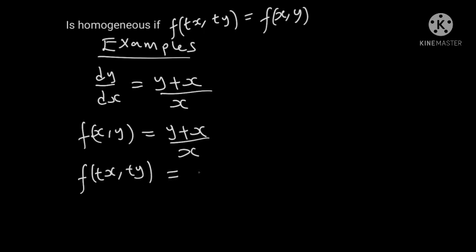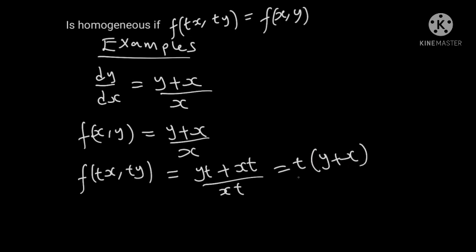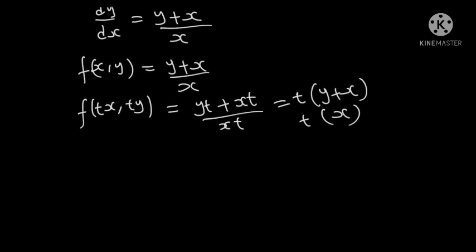This one equals yt plus xt over xt. We can now factor out t in brackets, y plus x. We can also factor out t in the denominator. These two will cancel, remaining with y plus x over x.